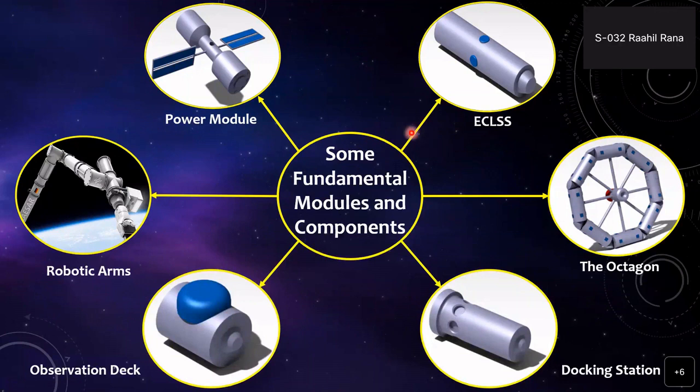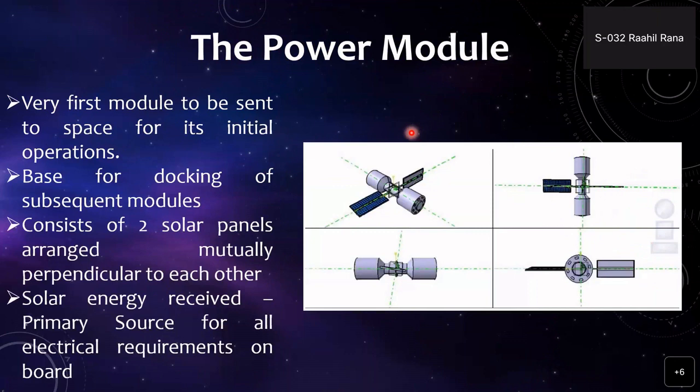Now, there are several modules, but there are a few fundamental modules that we focused on, and it is one of the most important aspects of our design. So initially we start with the power module. It is easy to say that the power module will be the most important aspect of any space station.